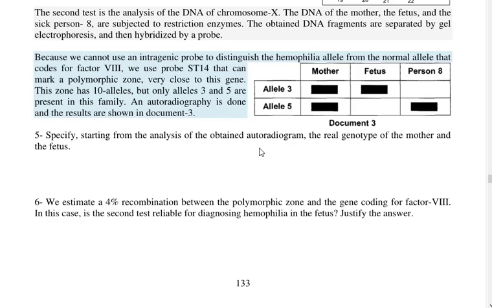Right? Yes. A probe that is radioactive can bind to this piece of DNA to tell us if this person has this piece or not. Because we cannot use an intragenic probe to distinguish the hemophilia allele from the normal allele that codes for factor 8, we use probe ST14 that can mark a polymorphic zone very close to this gene.